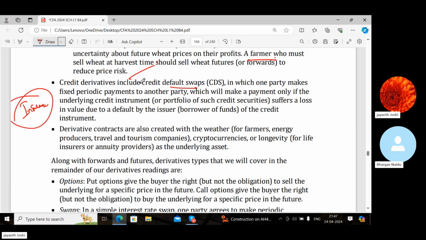CDS. Credit derivatives include credit default swap, in which one party makes fixed periodic payments to another party, maybe an insurance company, which will make a payment only if the underlying credit instrument suffers a loss in value due to default by the issuer of the credit instrument. Did you understand? It's like credit insurance.